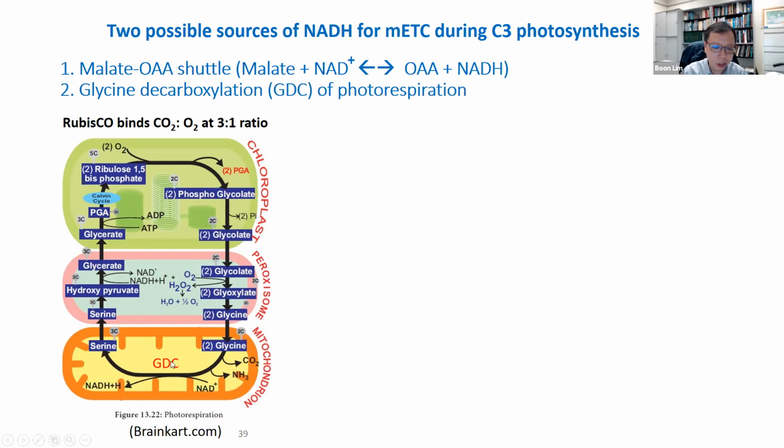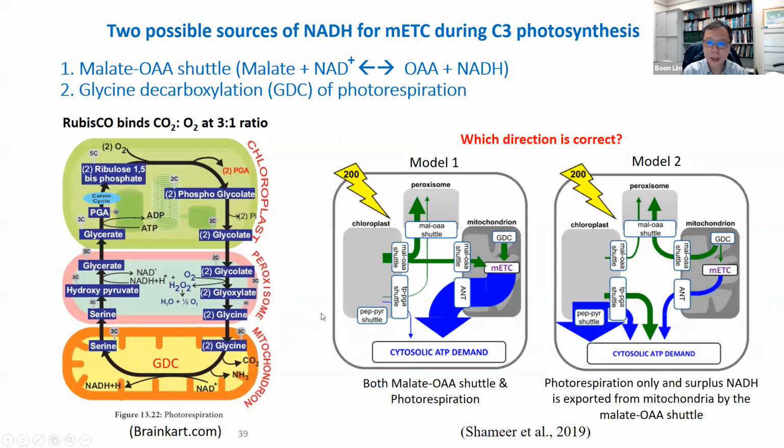And in the mitochondrion, there is an enzyme called glycine decarboxylase. This glycine decarboxylase can convert two glycine into one serine molecule, and at the same time, it will generate one NADH molecule. So here are two models.